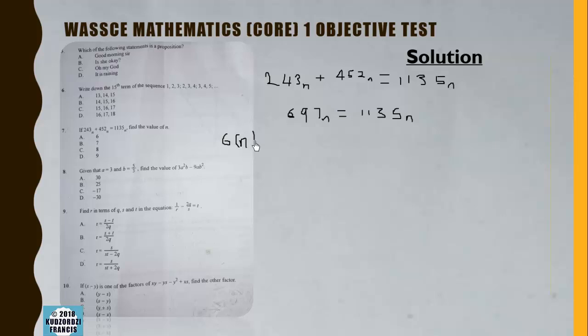So we have 6 times n squared plus 9 times n to the power 1, then plus 5 times n to the power 0 is equal to 1 times n cubed. Then we have 1 plus 1 times n squared plus 3 times n to the power 1.